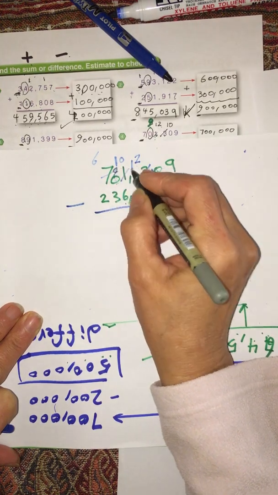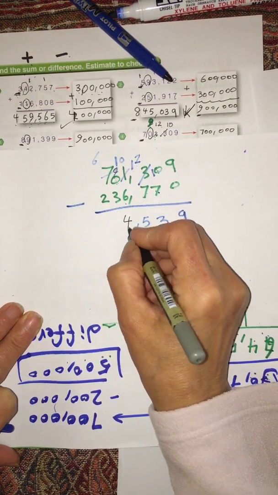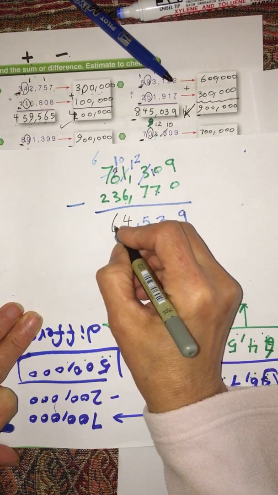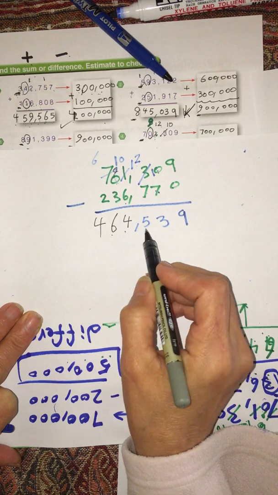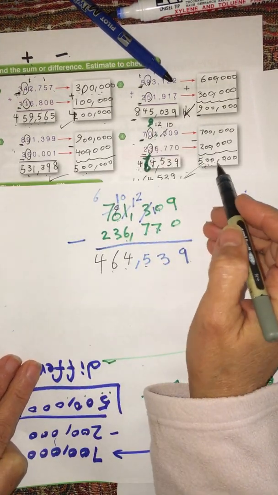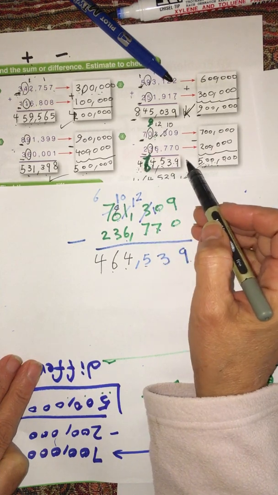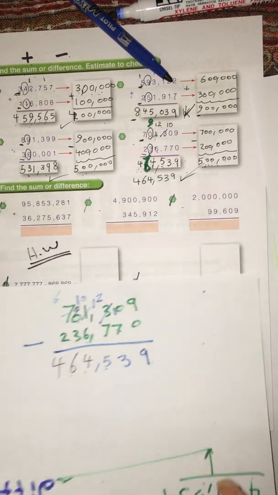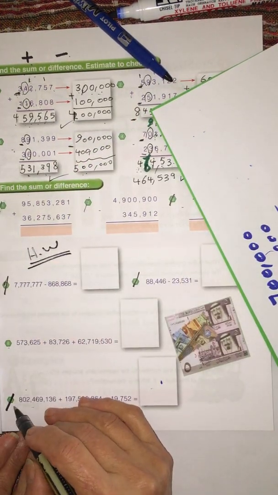Now, 10 minus 6, 4. 9 minus 3, 6. So my number is 464,539, which is close to the estimation.